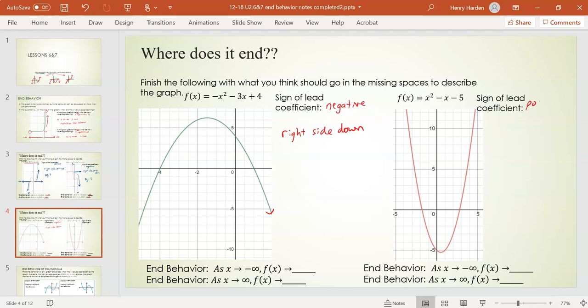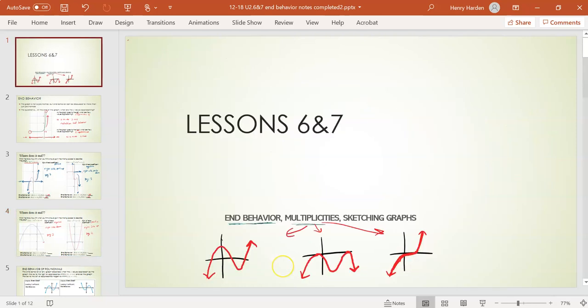Here, the leading coefficient is positive, and so we see the right side points up now. The degree is 2. Here, the degree is 2 as well. Now, the right side points down for this one.